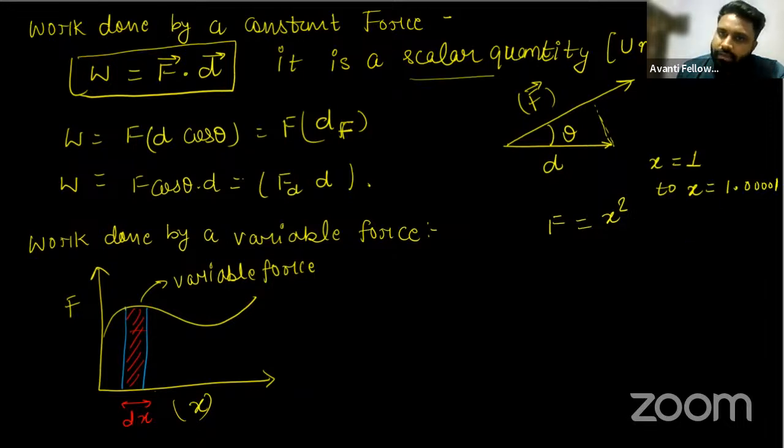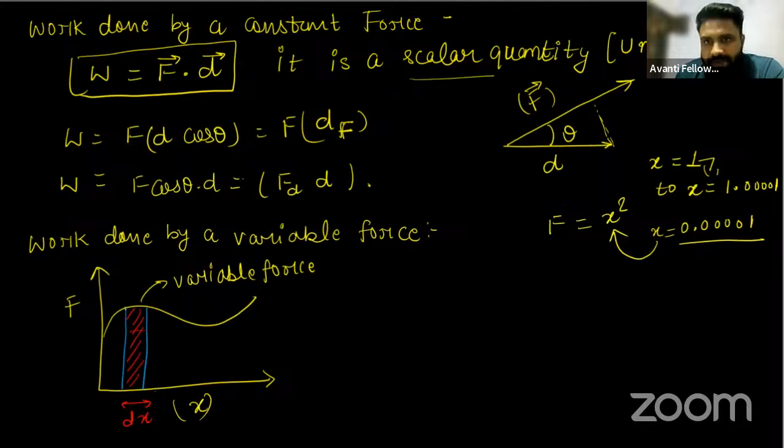1.00001. Now this delta x, this difference, is very small, which means 0.00001 is the value of x that you are going to put, because this is the value that has changed, because the object has moved from x equals 1 to x equals 1.00001.